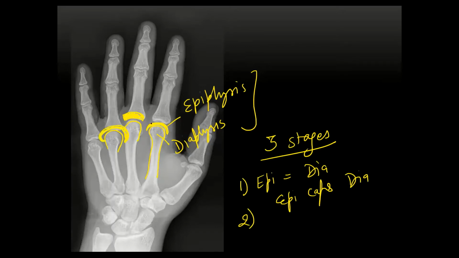The third stage is the epiphysis fuses with the diaphysis, as has happened in this bone. These are the three stages that are taken care of in the Fishman index.